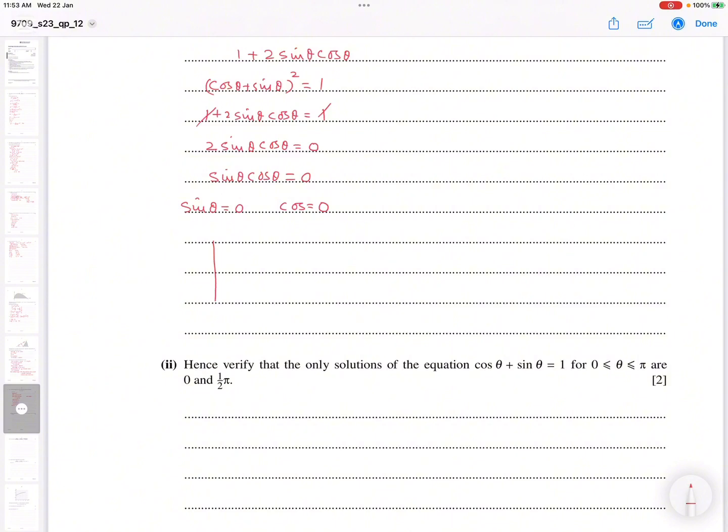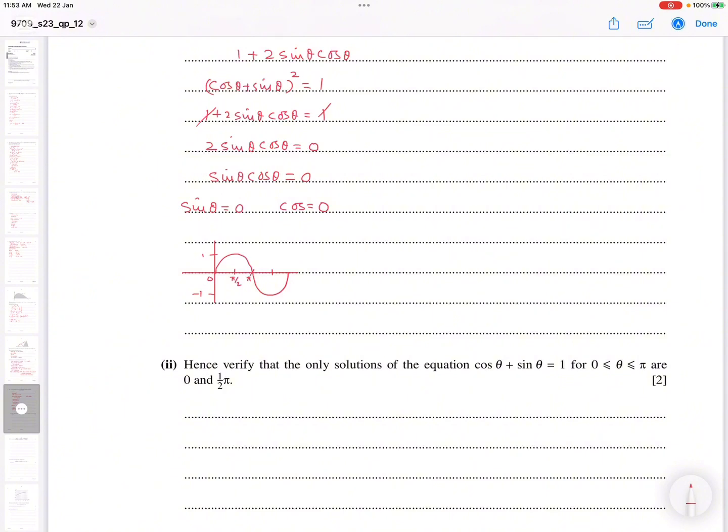So let me quickly make the graph of sine theta. This is your 0, 90. 90 means pi by 2. 180 means pi. And here is your 1. Here is your negative 1.